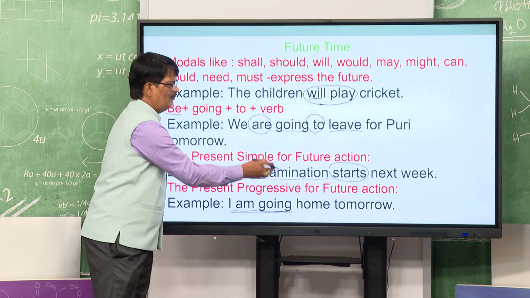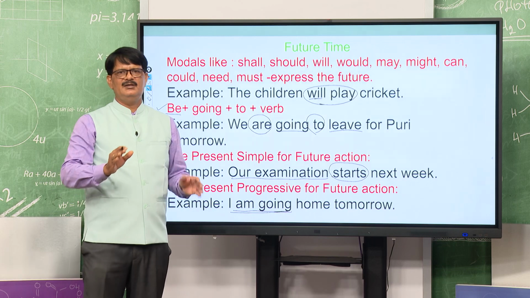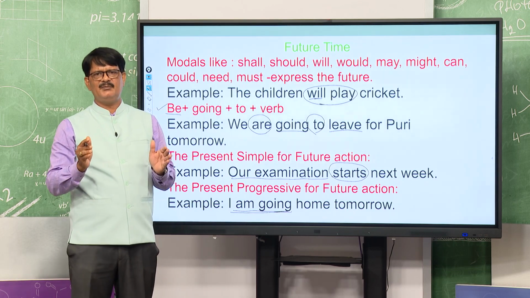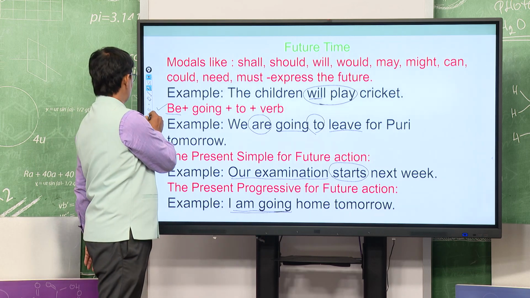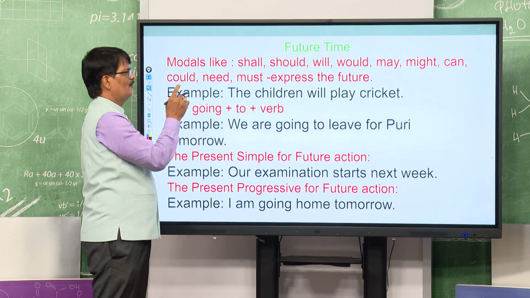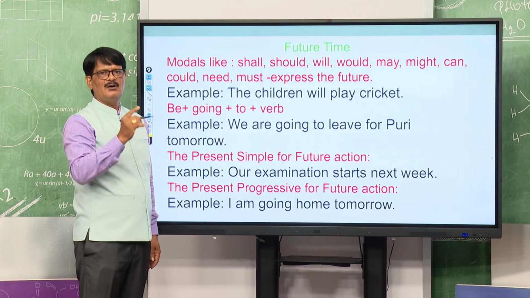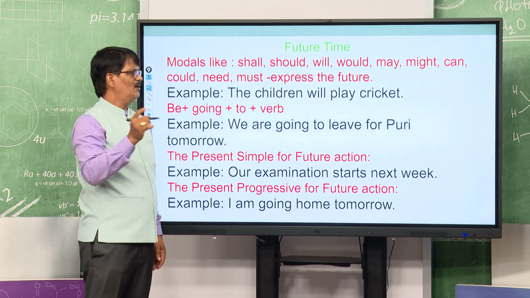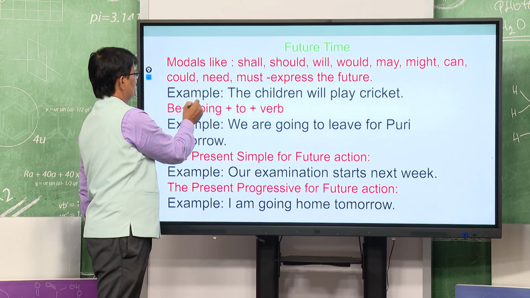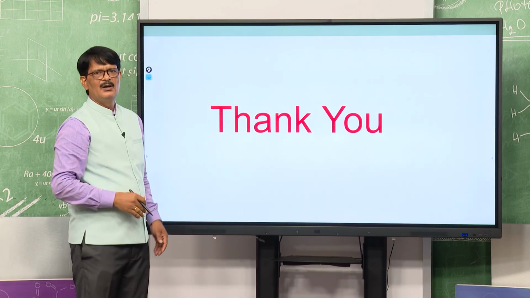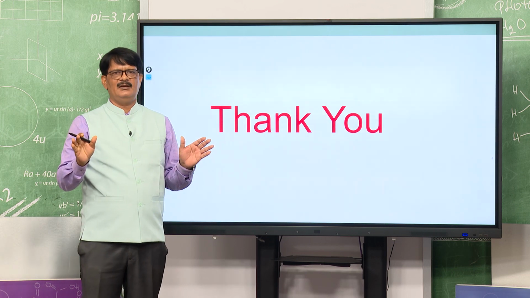I am going home tomorrow follows this. That means present progressive is also used for future. That is what we discussed, the present tense, the past tense and the future time. All we have discussed. Thank you and wish you a nice day.